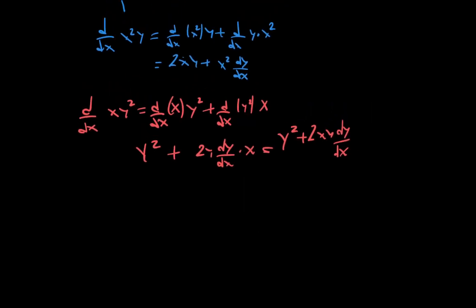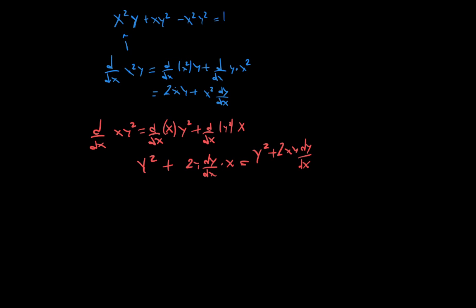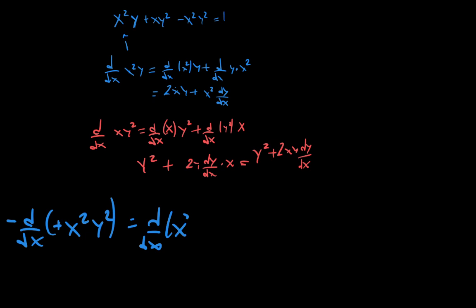For our x squared y squared, we could pull that negative out and multiply by minus 1 later, but it would be the derivative of x squared times y squared plus x squared times the derivative of y squared.